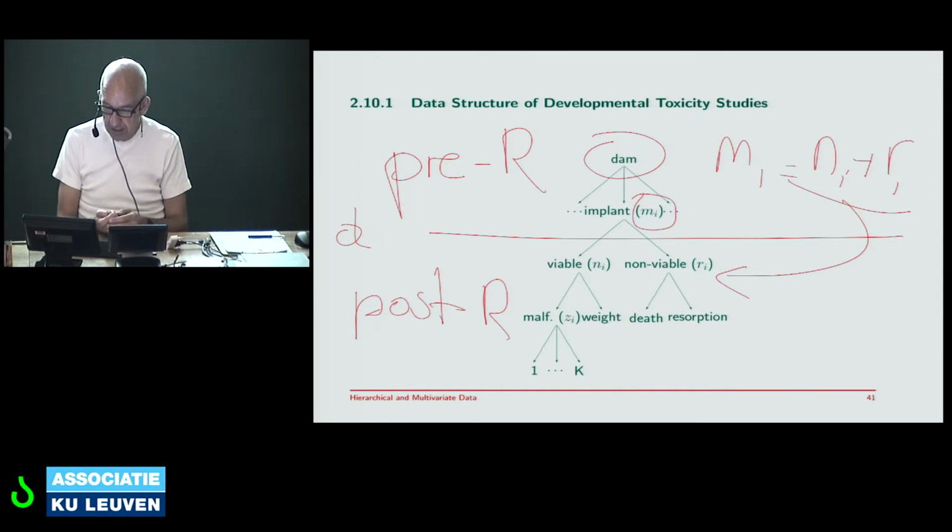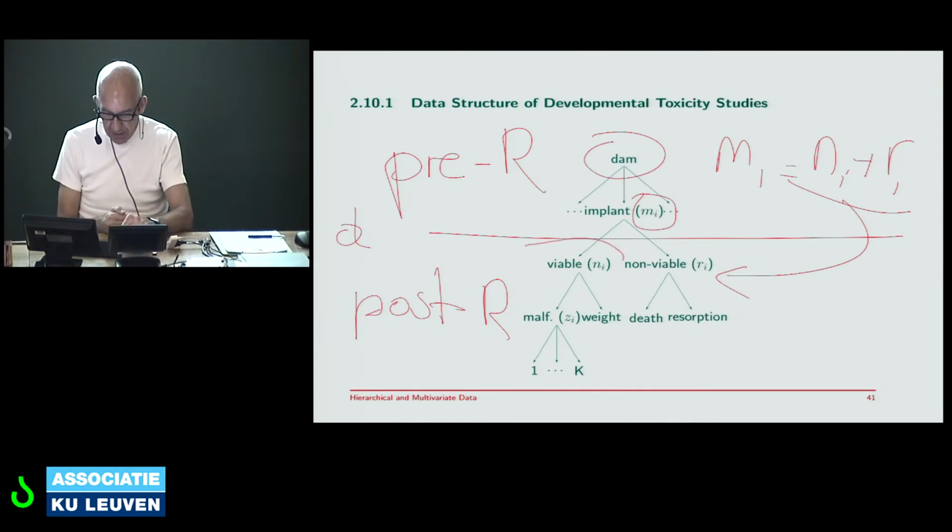You would expect that N_i is closer to M_i in the placebo group or in the low dose group, and maybe R_i is closer to M_i in the very high dose groups when they basically all die or get resorbed. So the split of M into N and R is going to be in itself very useful. It gives us information about the dose-response relationship.